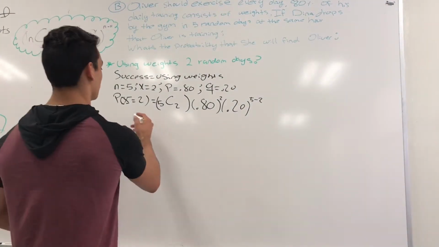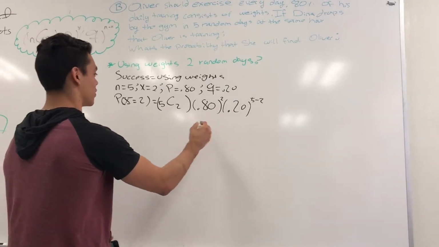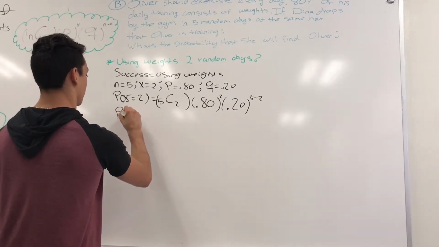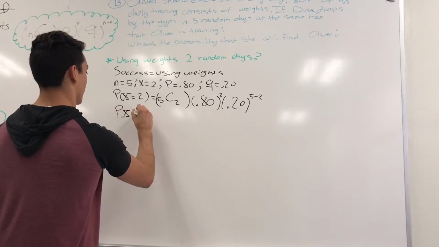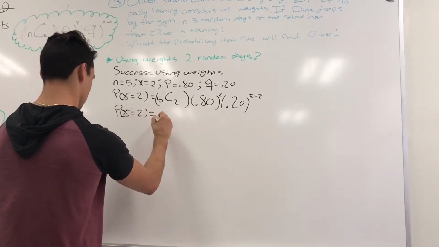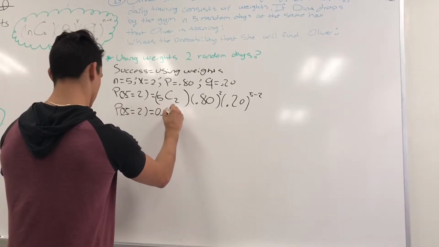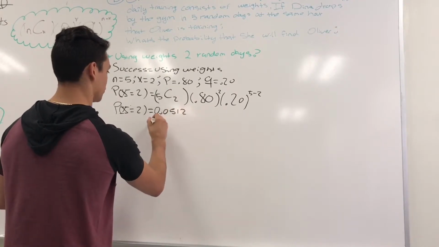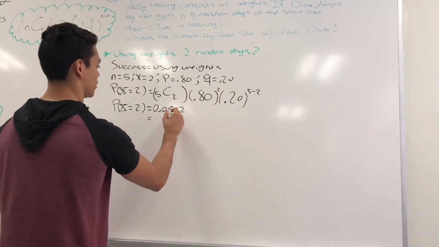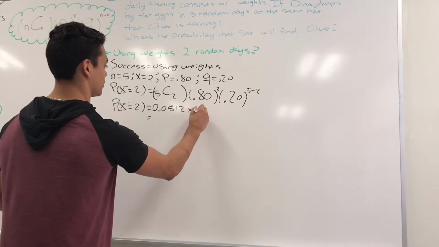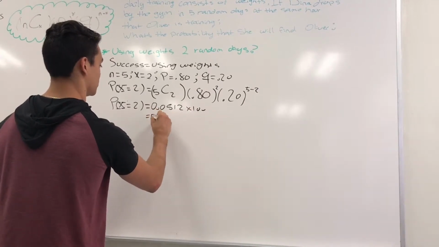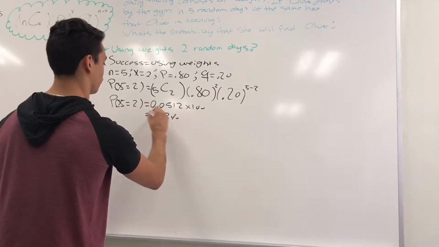Then you just punch everything in the calculator and you will get a final answer: the probability of x being 2 will be 0.0512, and if you multiply it by 100, it gives you the percentage, 5.12%.